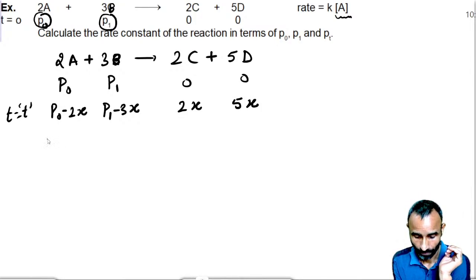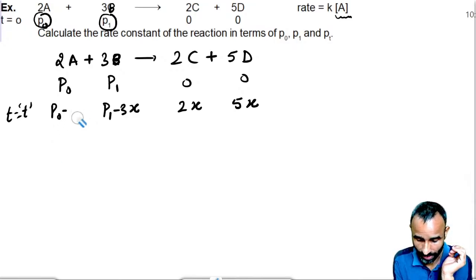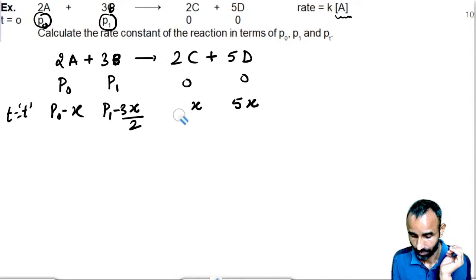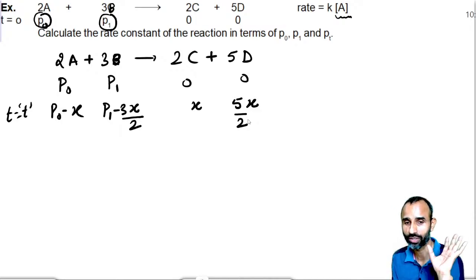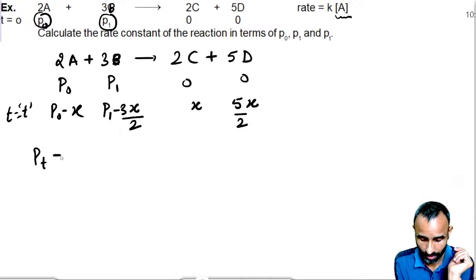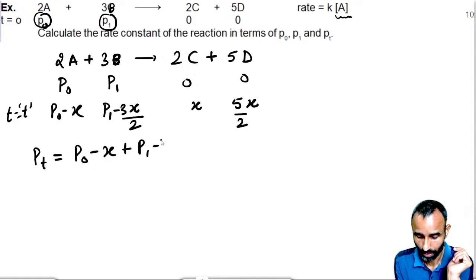This way, P naught minus 2X, or if you take it as X, and then you can do it. If you take it as X, then it becomes P1 minus 3X by 2, it becomes X, and it is 5 by 2X. Both give same results. Total pressure becomes P naught minus X plus P1 minus 3X by 2 plus X plus 5 by 2X.